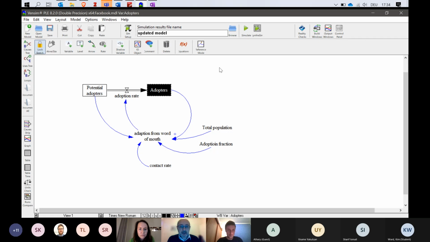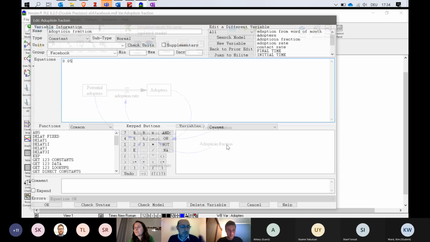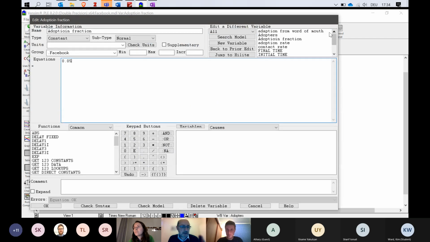And give an additional number. So in terms of numbers, in 2011 it was 900. So yeah. So if we can hit adoption fraction, let's put contact rate. Yeah, that's it. Let's put 7%.